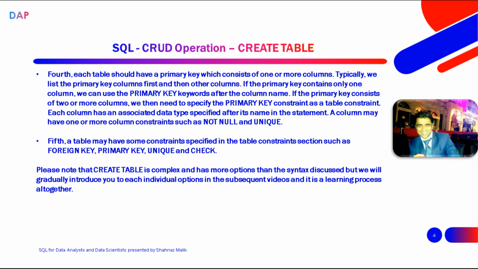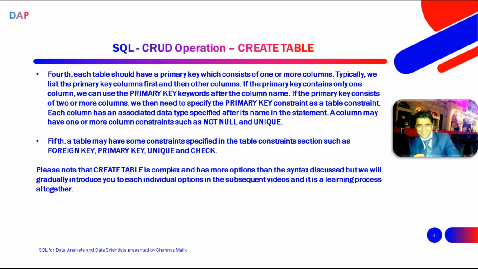Fifth, a table may have some constraints specified in the table constraints section, such as foreign key, primary key, unique, and check. Once I create tables and relationships, I will come back to these concepts again. Don't worry, at the moment it's too much to bombard you with all the terminologies.